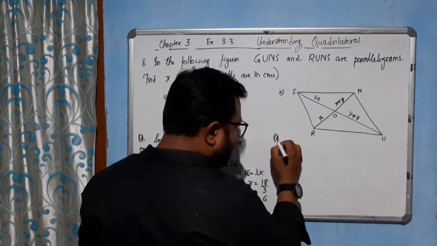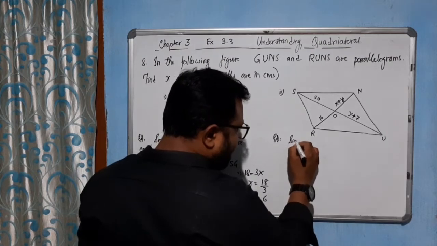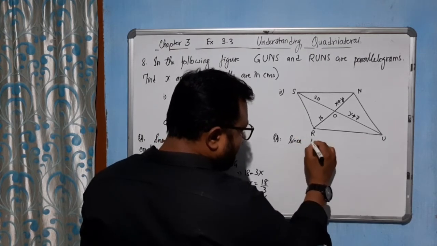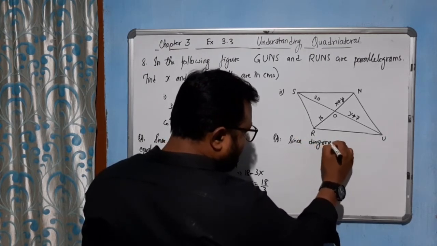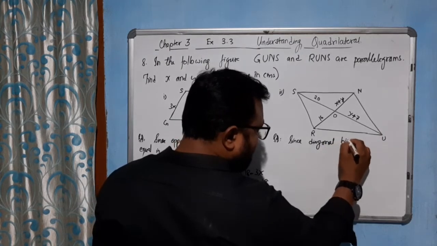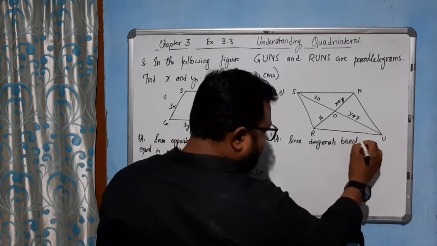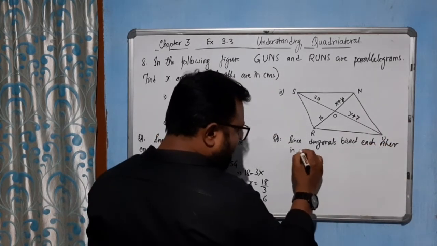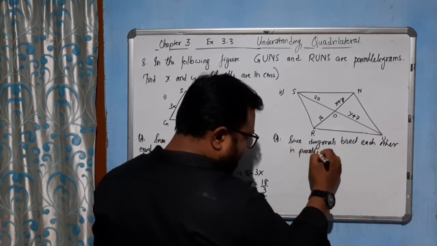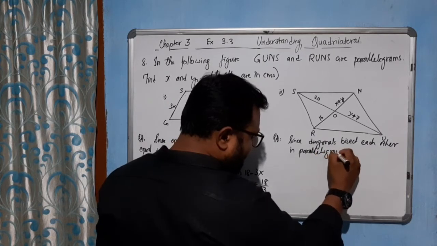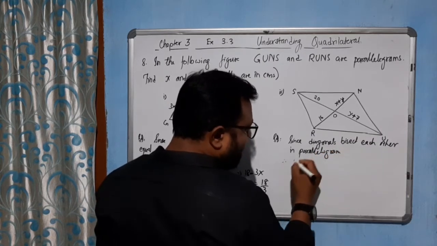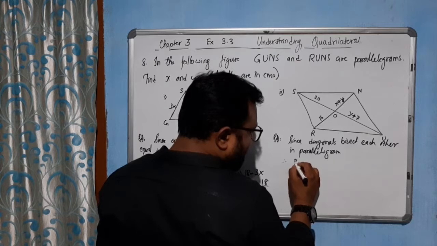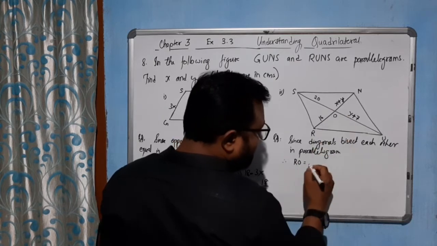Solution. Here we will write, since diagonals bisect each other in a parallelogram, therefore RO will be equal to how much?